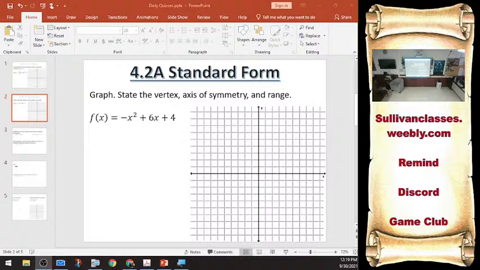Is the A positive or negative? If it does this, then your y's go from here to infinity. If it does this, your y's go from here to negative infinity.